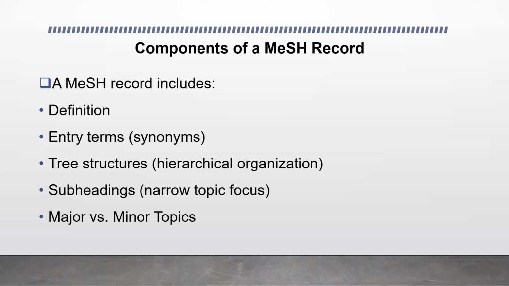The first thing that you will see after you have searched for a MeSH term is a definition of that particular word or concept that you are searching. And then you will see the entry terms. The entry terms are the synonyms to that particular word or topic that you are searching.